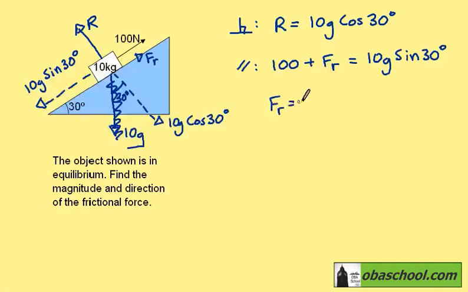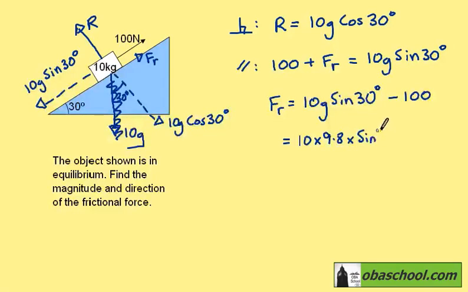The friction is then going to be equal to 10G sin 30, take away 100, so it's 10 times 9.8 times the sine of 30, take away 100, which is 49 take away 100, which is minus 51 newtons.